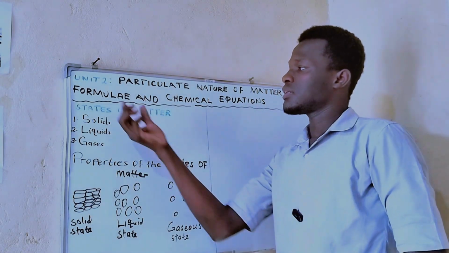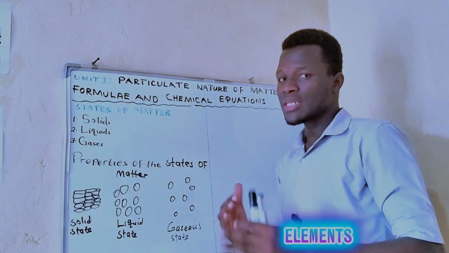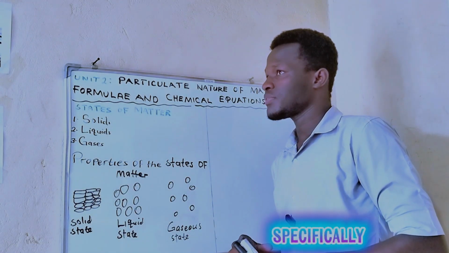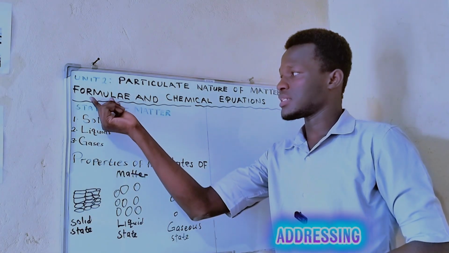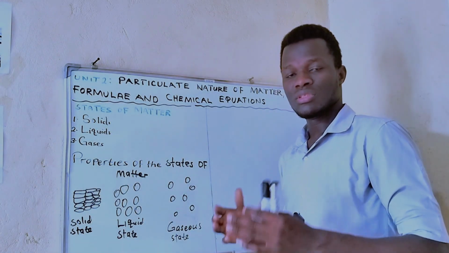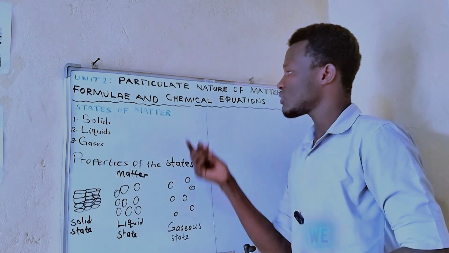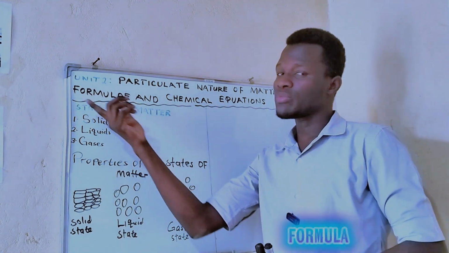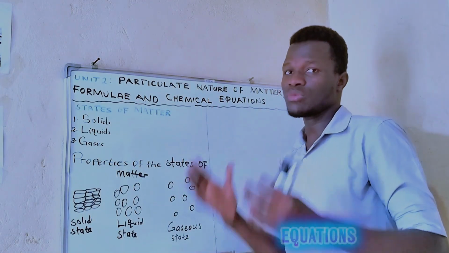And then we will also be looking at elements and chemicals. And then specifically the elements will be addressing, we will know how to write the formula for chemical equations. Then we'll look at formula and the chemical equations.